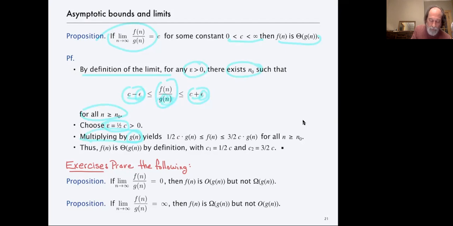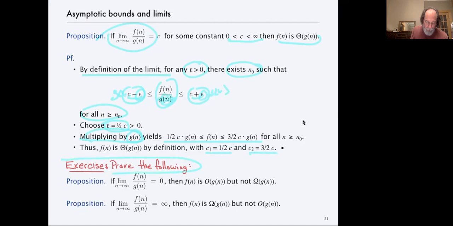So I get a half c times g of n is less than or equal to f of n, which is less than or equal to 3 half c times g of n. That looks really familiar, right? That fits exactly the definition of f being big theta of g, with those two being our c1 and c2 in the definition.